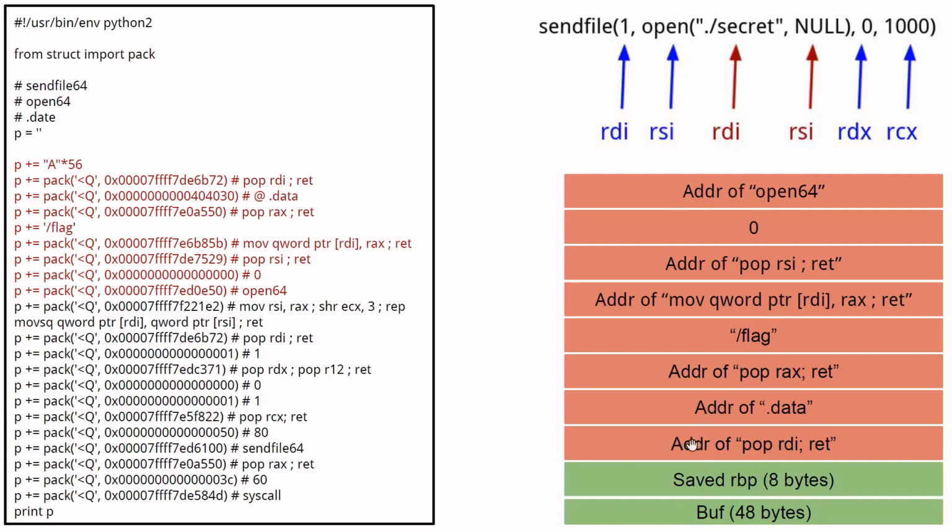So the first gadget we have here will be pop RDI; ret. Hold on, I should change this one. This one should be flag. Pop RDI; ret. Then we put the data's address into RDI. Then we pop RAX.